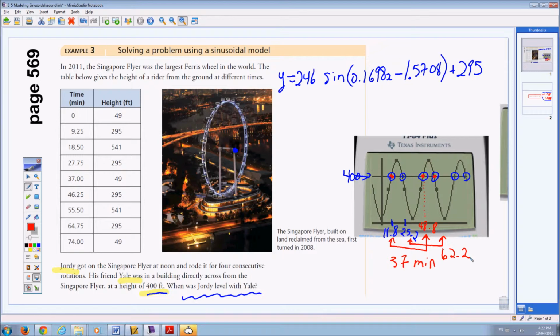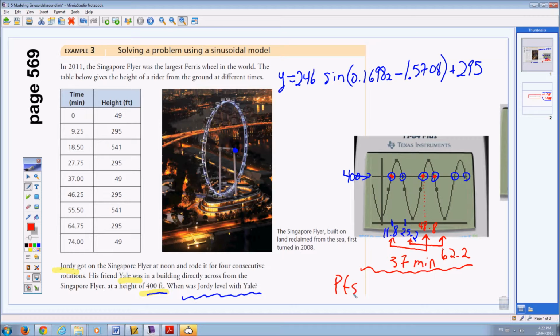And we can continue on this pattern of finding the number of the times when the 2 boys are level, one in the building, one on the Ferris wheel. Sometimes we want to know the generic. What would be the 2 times that this would happen?